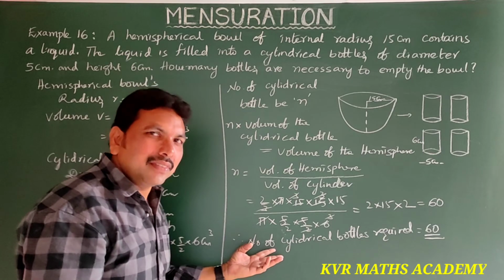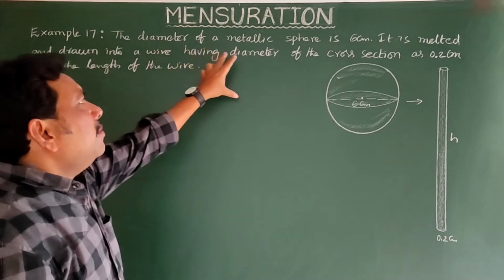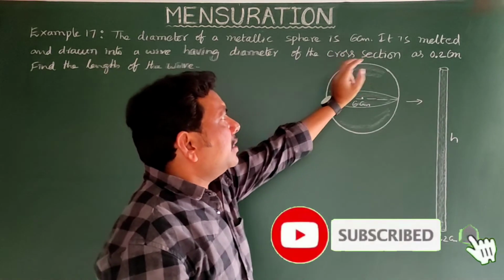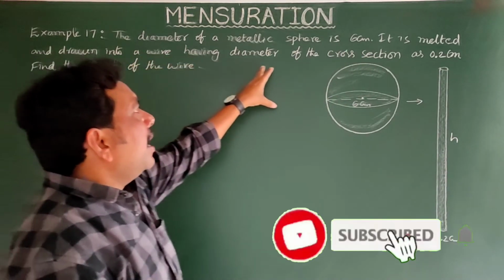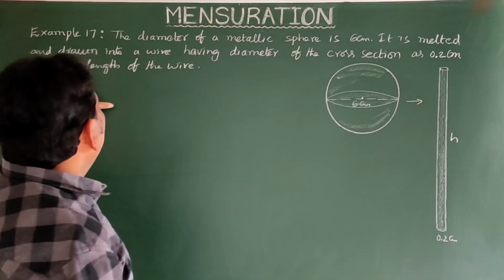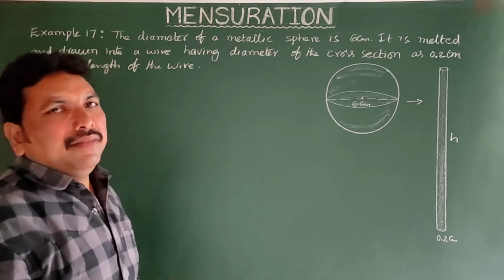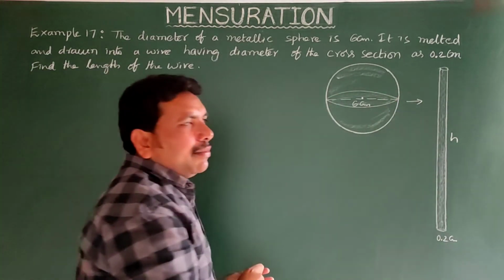Got it? Example 17. The diameter of a metallic sphere is 6 centimeters. It is melted and drawn into a wire having diameter of cross section 0.2 centimeters. Find the length of the wire. See, a sphere is there, its diameter is 6 centimeters.